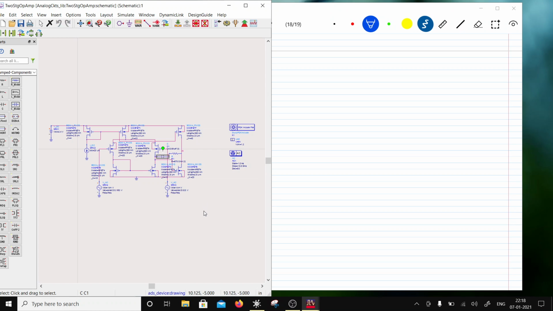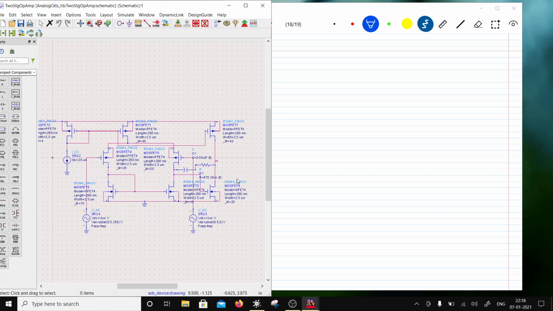The two transistors which are of concern to us are 4 and 6. 6 is going to be the load for the gain stage 4, right? So 4 is the one which provides the gain, and 6 is the load for that gain stage.